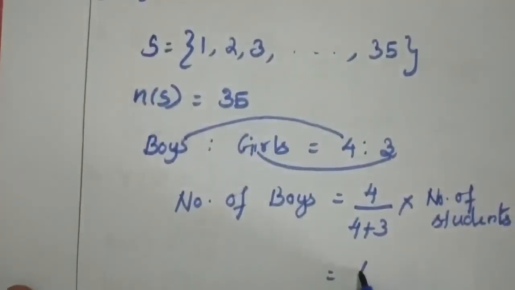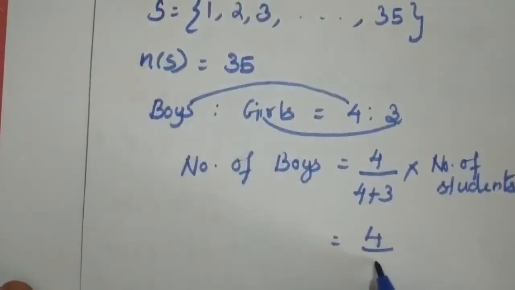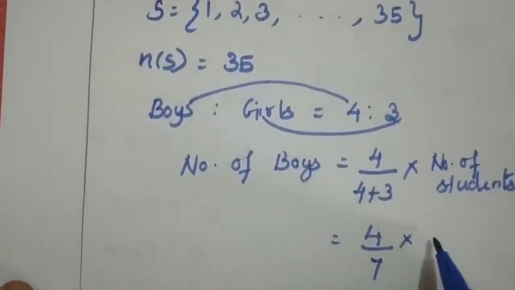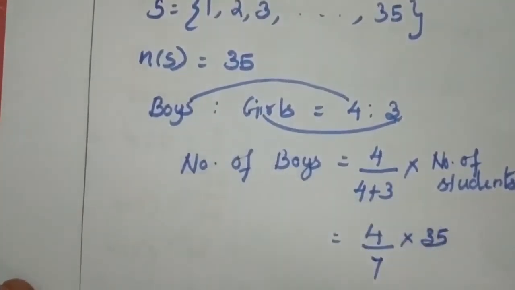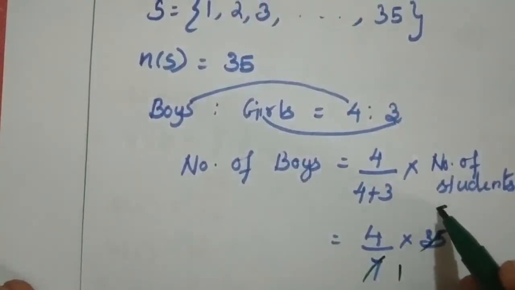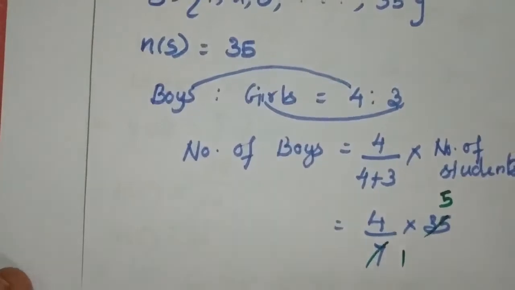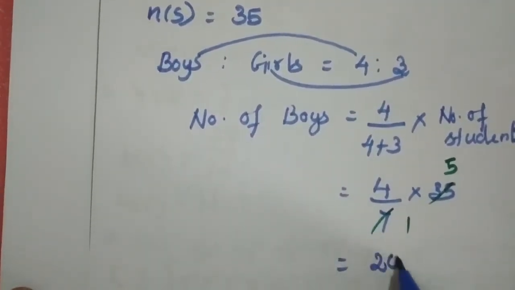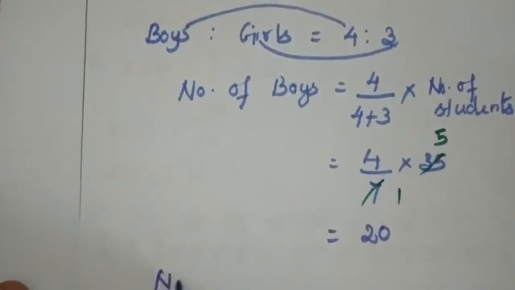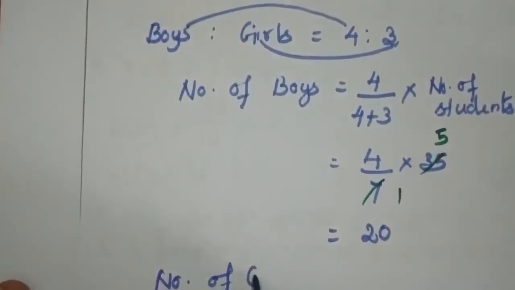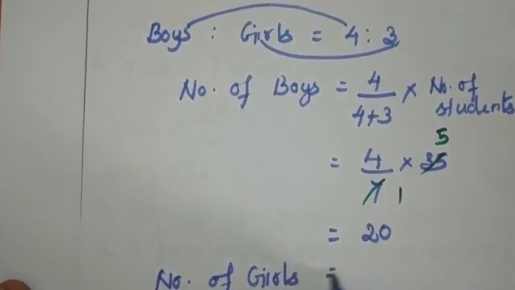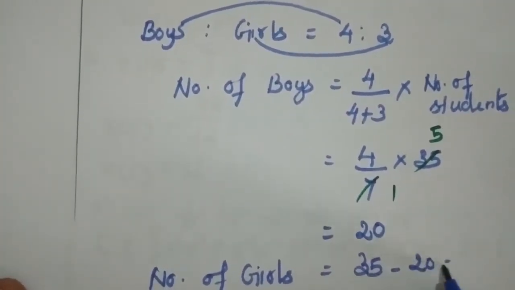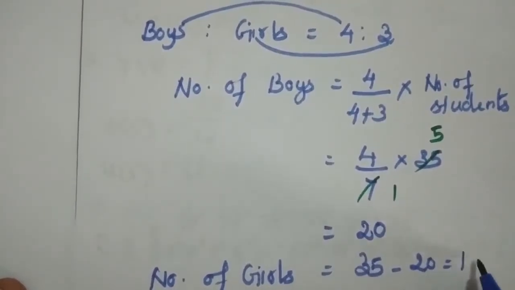It is equal to 4 divided by 4 plus 3 is 7 and total number of students is 35. Now you can cancel this one by 7 tables. 1 7 is 7, 5 7s are 35. So number of boys is equal to 20. Then what will be number of girls? Yes. So from the 35 students, we subtract the number of boys, then we will get number of girls.